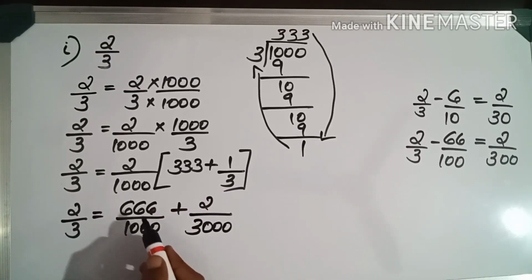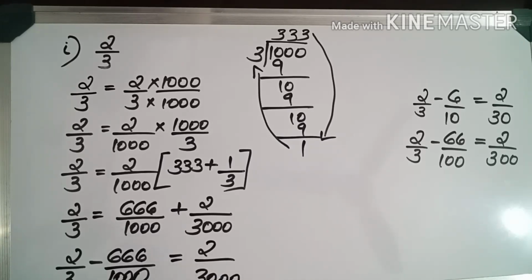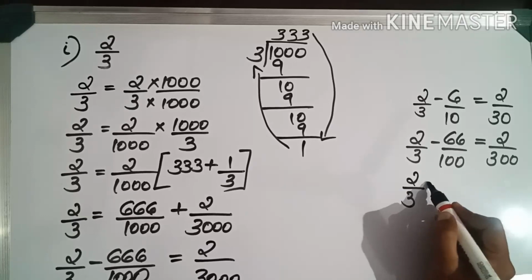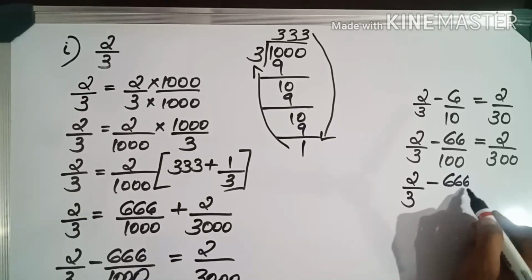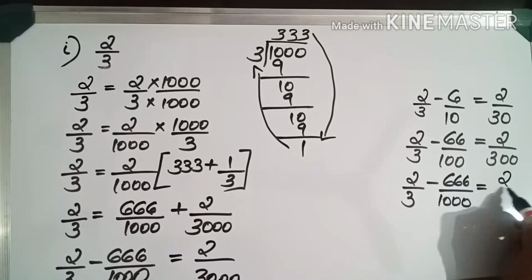Now in the next step, take this to this side. So 2 by 3 minus 666 by 1000 equal to 2 by 3000.